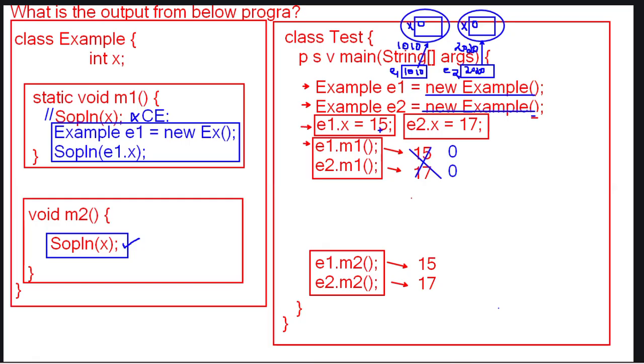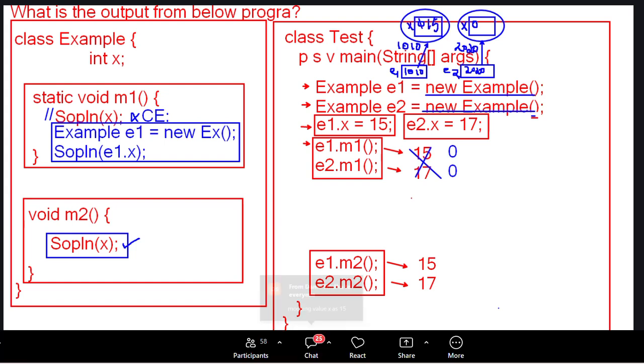Next, E1.x = 15 means: always read the assignment operator from right to left. 15 is stored in the x variable in the object E1 points to. 0 is replaced with 15.